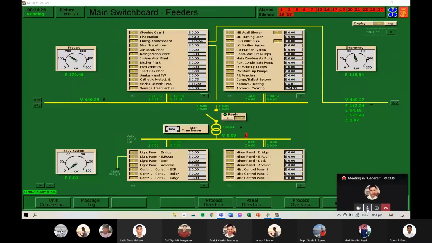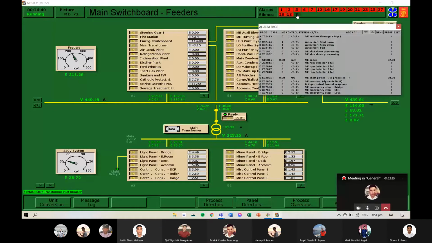Done. Mr. Chief Engineer Perez, sir, main transformer inlet breaker in. Done. Mr. Chief Engineer Perez, sir, go to Directory 1 and start main seawater pump number 1 and then put to remote.